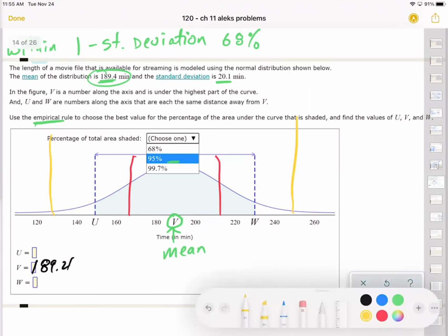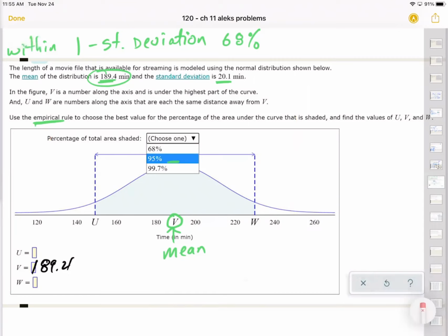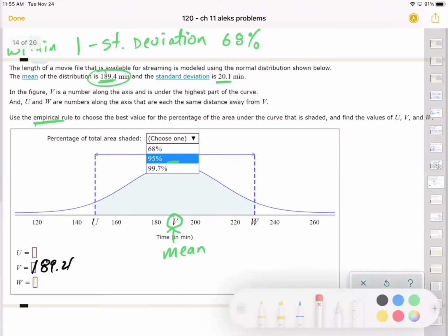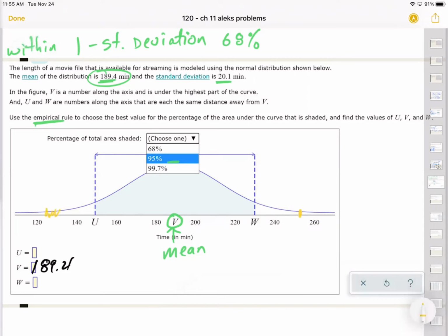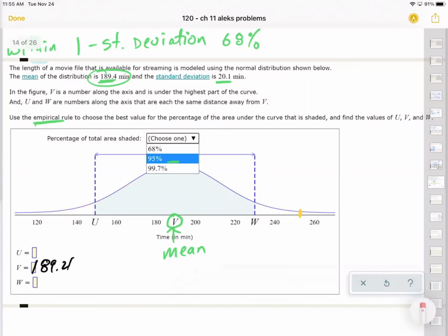If the shaded region is small, you can guesstimate that it's 68%. If it's all the way out here, then this is 99.7. And because it's just the middle portion, we guesstimate that this is 95%.